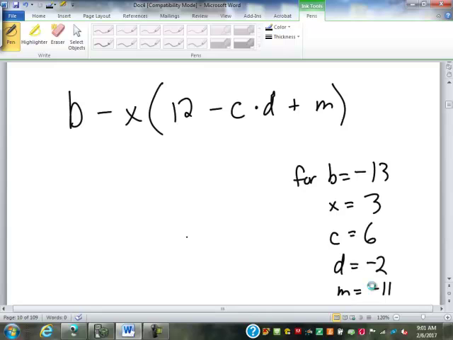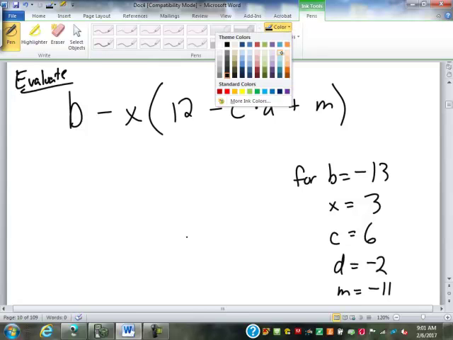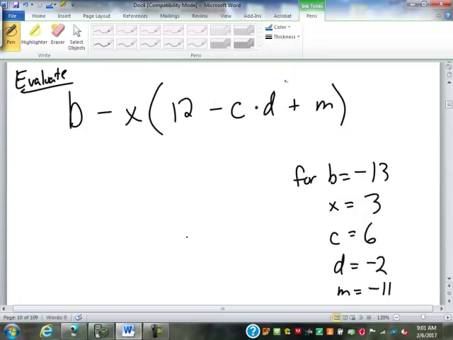So for something like this, of course, the command would be to evaluate. Where would we start? Yep, we're going to rewrite it and replace the numbers. Very good. B is going to become negative 13.